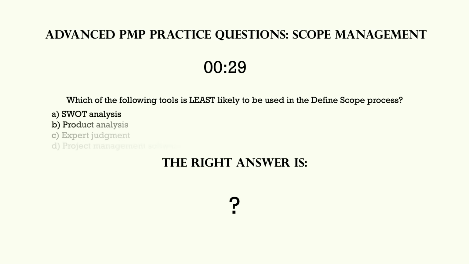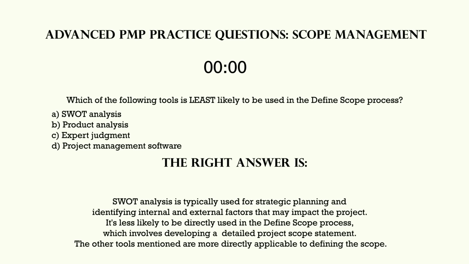Which of the following tools is least likely to be used in the define scope process? SWOT analysis is typically used for strategic planning and identifying internal and external factors that may impact the project.